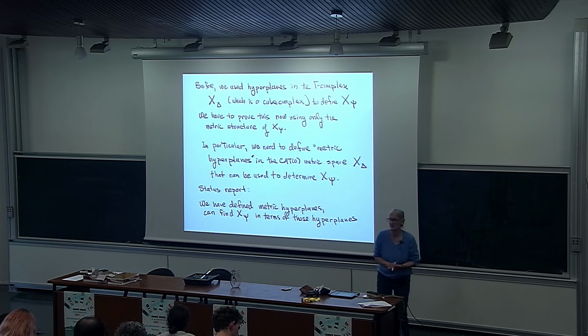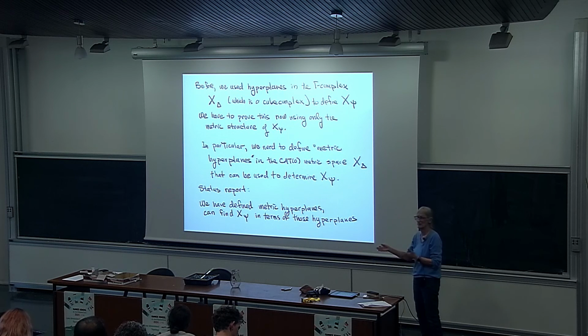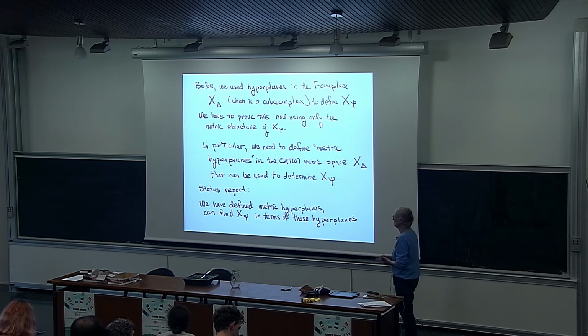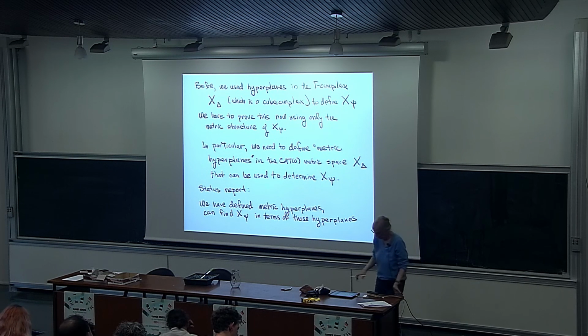But we need hyperplanes in order to define the appropriate subcomplexes that we need to construct our complexes that we're building up. So here's the status report. We've defined metric hyperplanes, at least we found enough of them so that we can find the space we need in terms of those metric hyperplanes.